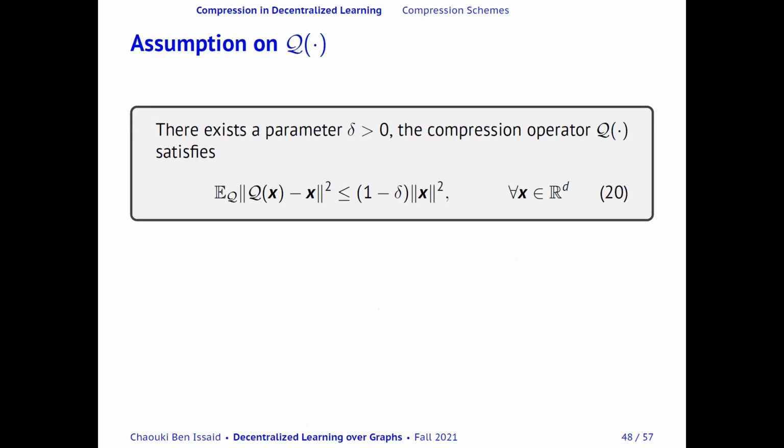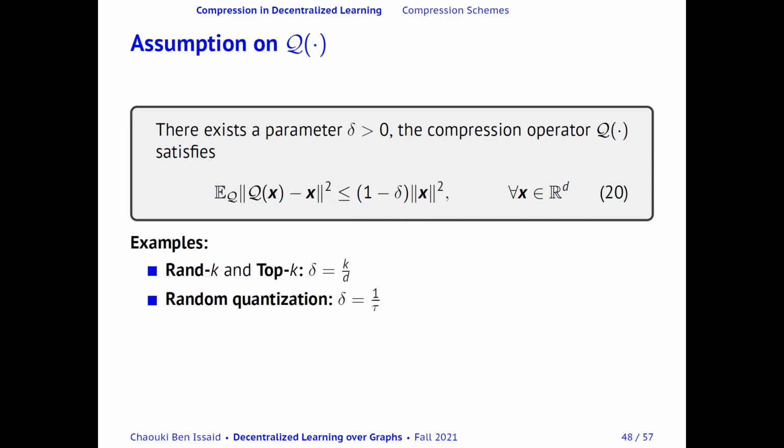A common assumption made on the compression operator is that it satisfies equation 20. Basically this says that there exists a parameter delta strictly positive such that the expected value of the norm of Q of x minus x squared is less than 1 minus delta times the norm of x squared. In the case of the examples introduced in the previous slides, the parameter delta can be determined as follows.